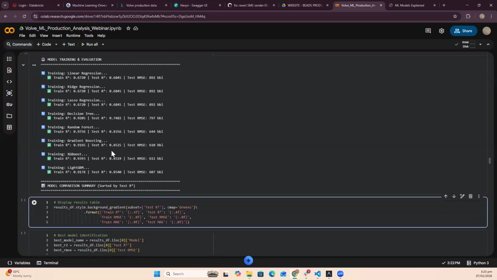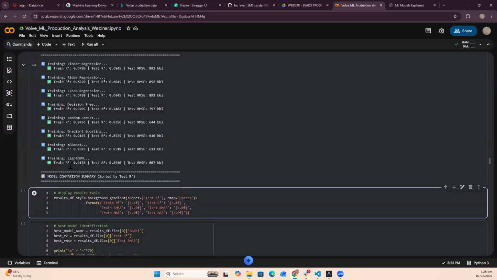Okay. So in all, when we come down here to light GBM, for the training set we are getting 0.9. That's huge. And as I said, when R squared is closer to 1, that means it's good, all right? But if we are getting less than 0.5, that means it's bad. The training is bad, right? So as you can see here, the training set gives us an R squared of 0.9.